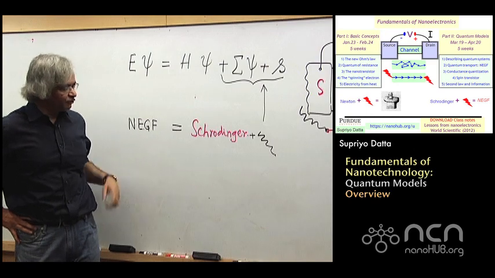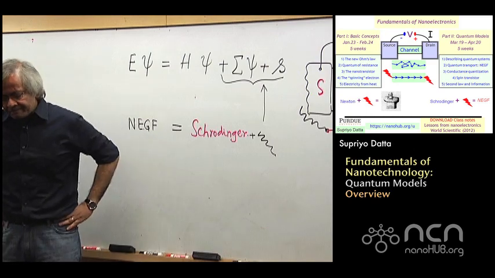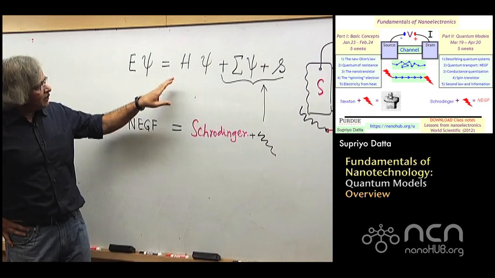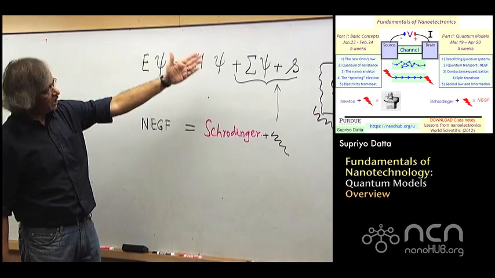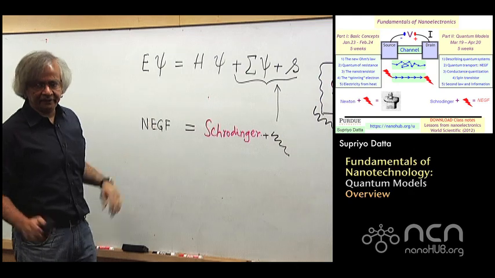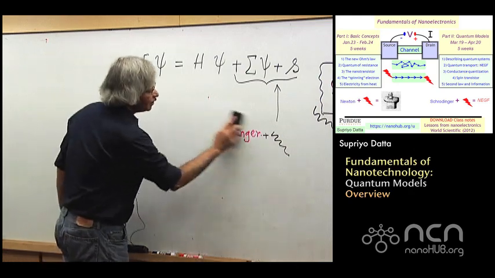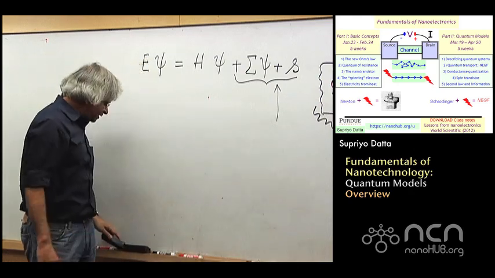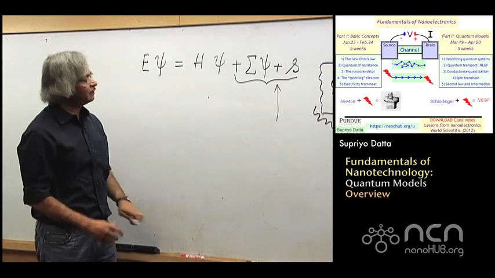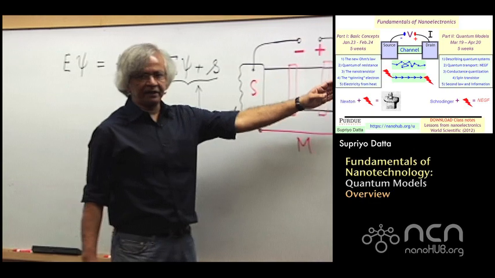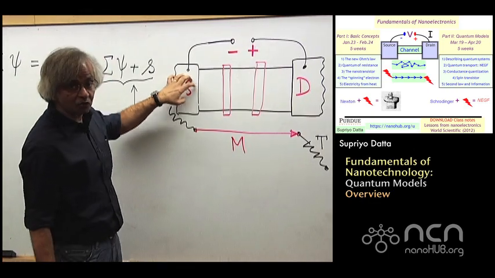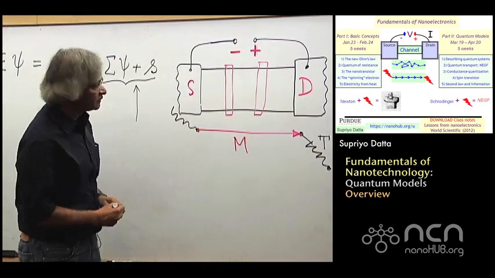What's this NEGF? Well, the thing is that you cannot quite use this equation directly. Or rather, if you use it, you have to be very careful. And that is because, supposing you have 2 electrons coming in from 2 contacts. You have one contact, the source, and another contact, the drain.